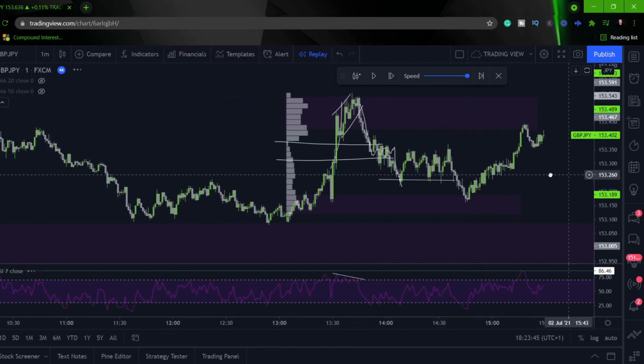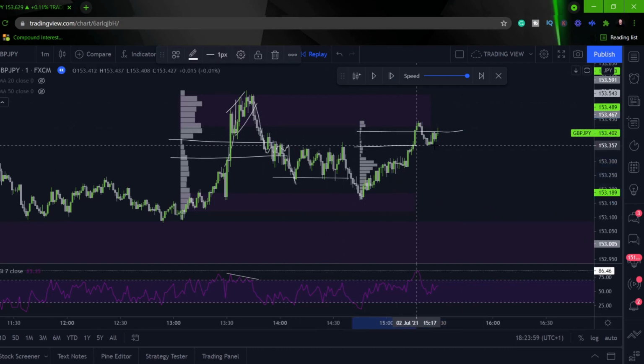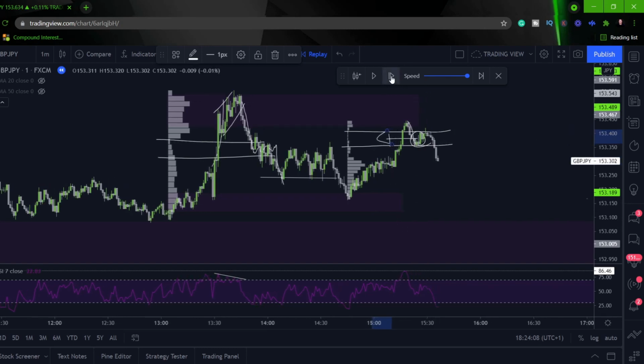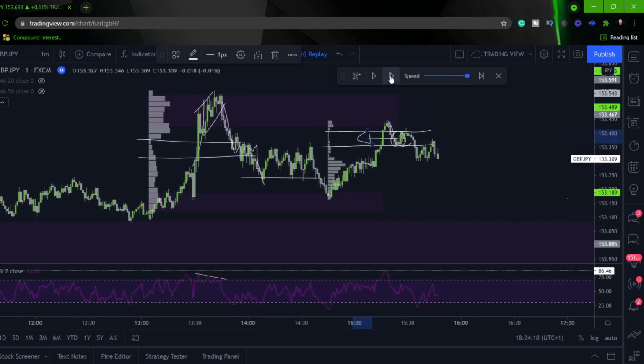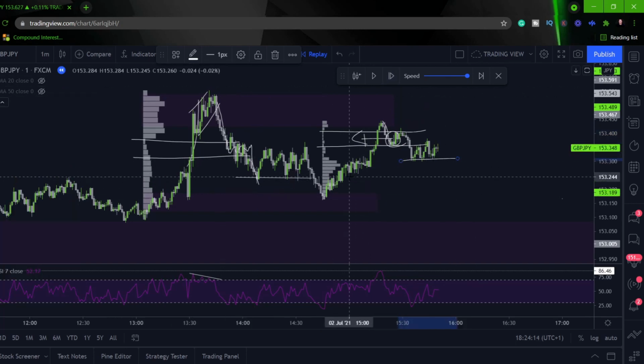Our demand zone, right? And again, area of imbalance through there. Where does price come to? To fill the imbalance for efficiency, right? Liquidity generation down there. Okay.